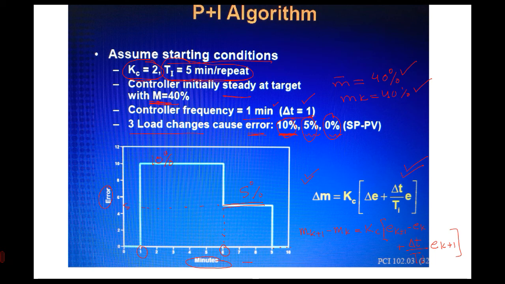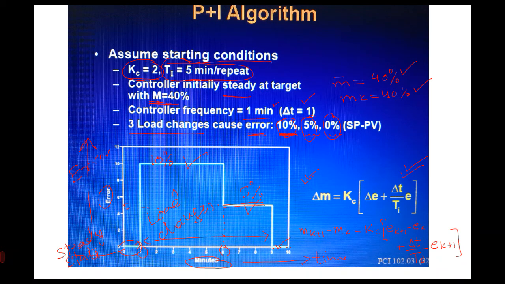On the x-axis we have time, and on the y-axis we have the error. Initially the system is at a steady state, and then some load changes occur, and during these load changes, in the first few instances we have 10%, next 5%, and finally it is 0.